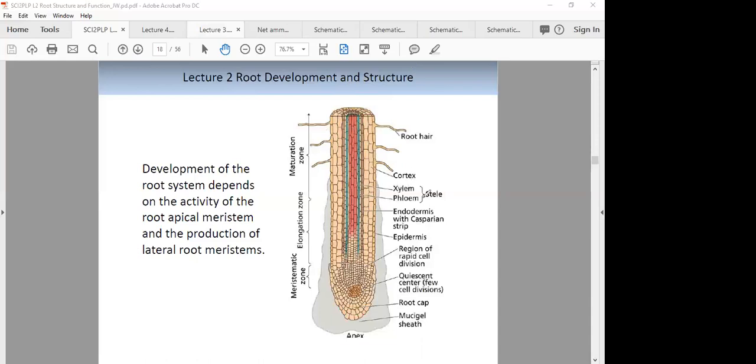All right, now let me find it. Even with my glasses on, this is a little bit tough to see where these lines are going. Where are we? Okay. I don't think it's actually labelled here. Xylem, phloem, endodermis.